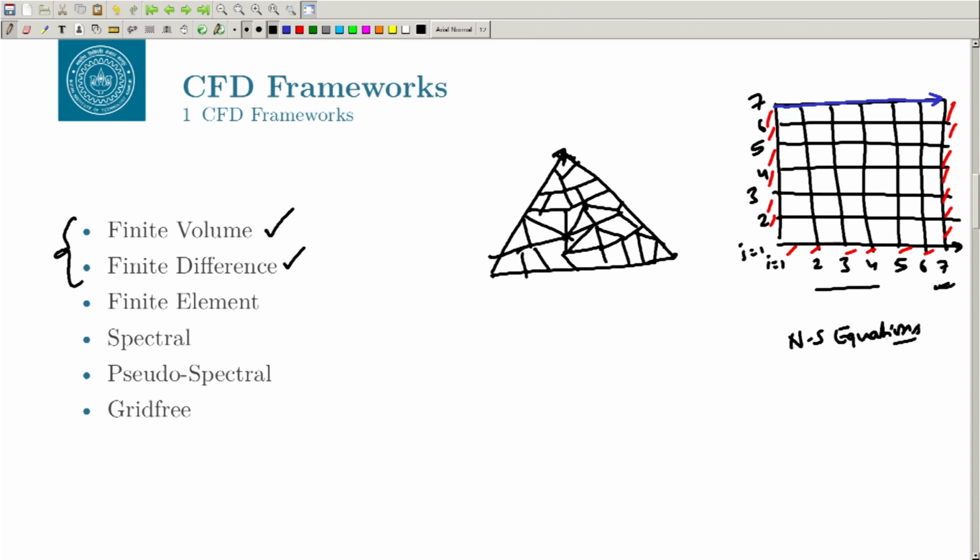Now, in this, let us say this is some i j, okay, and if I ask you to give me the j plus 1 and i plus 1, okay, and i minus 1 and j minus 1 and so on and so forth, right. So, what is your j plus 1, right. Even if you can give the j plus 1, I may ask you to give me j plus 2, j plus 3, j plus 4 and so on and so forth.